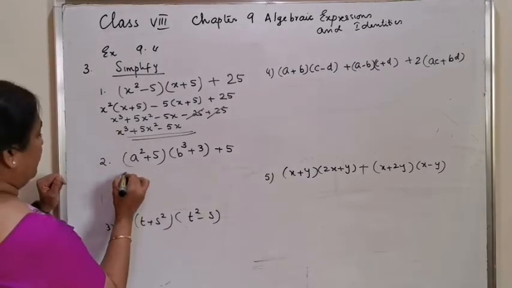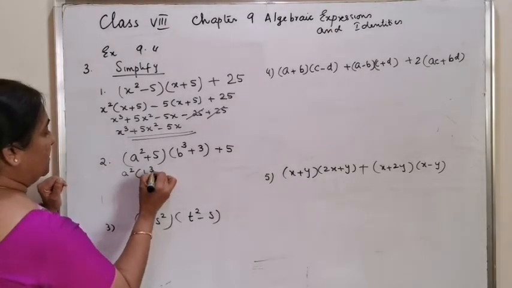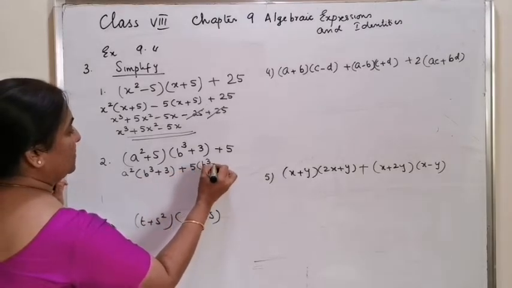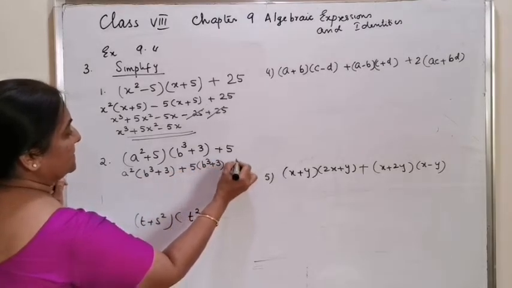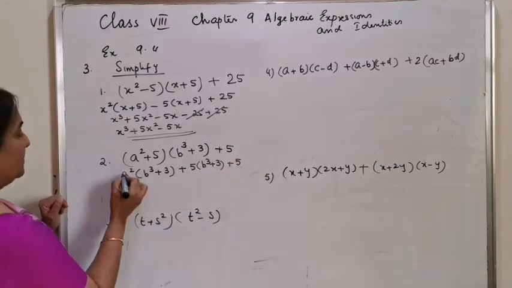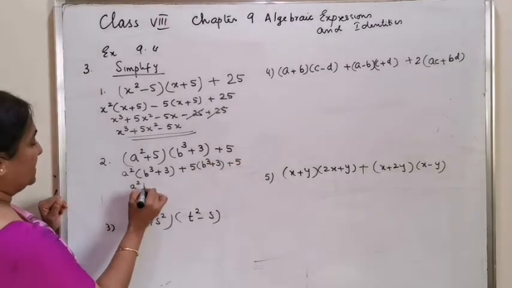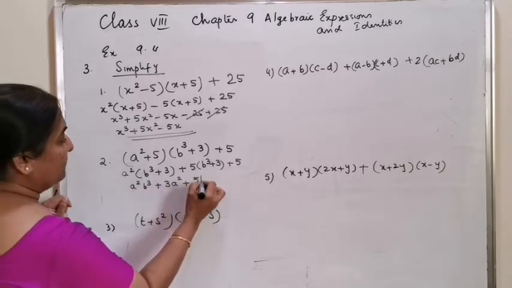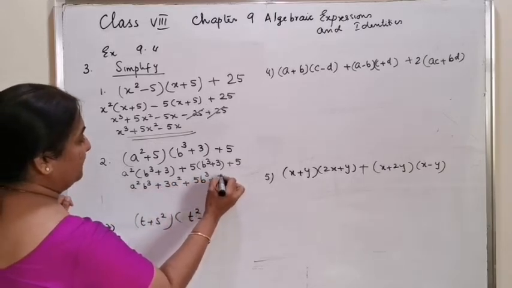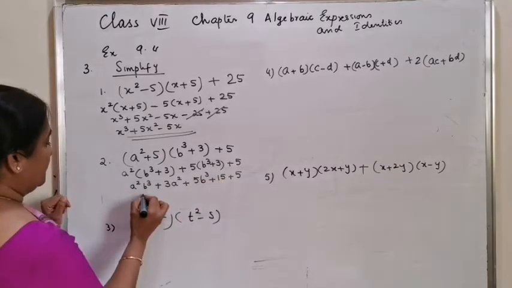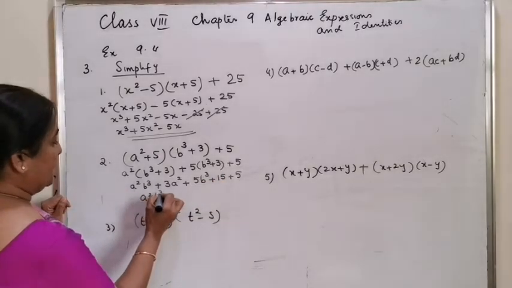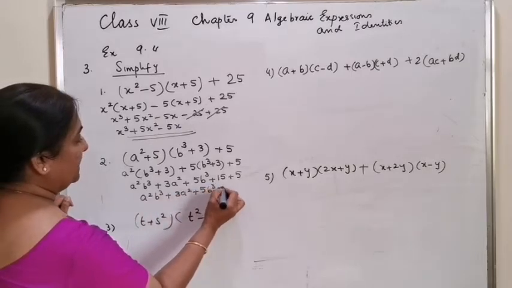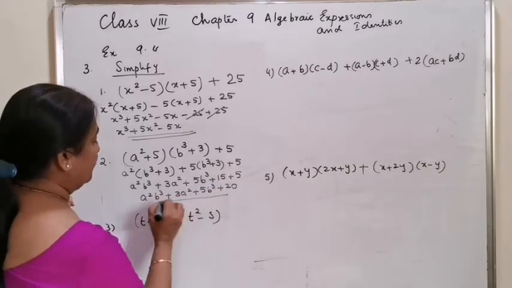Same way, a square into b cubed plus 3 plus 5 into b cubed plus 3 plus 5. So a square b cubed, no change, plus 3a square plus 5b cubed plus 15 plus 5. So a square b cubed plus 3a square plus 5b cubed plus 20.